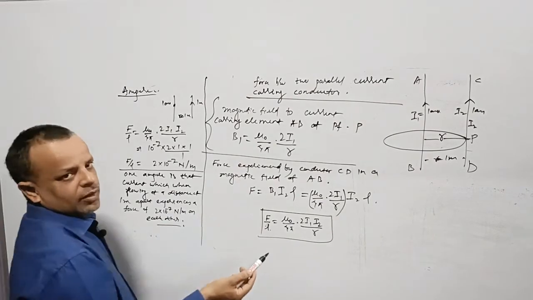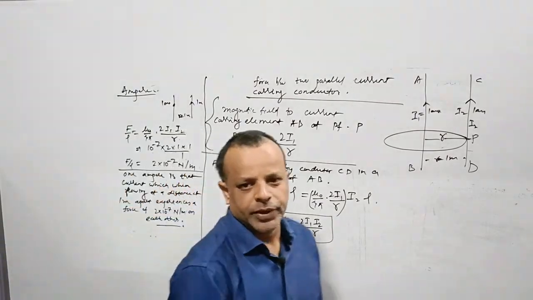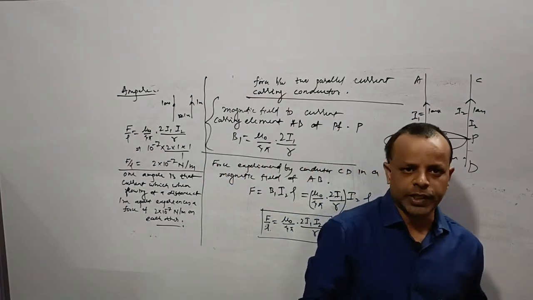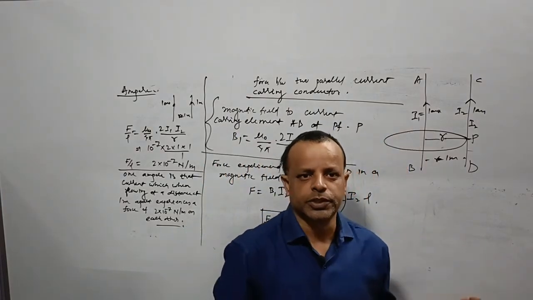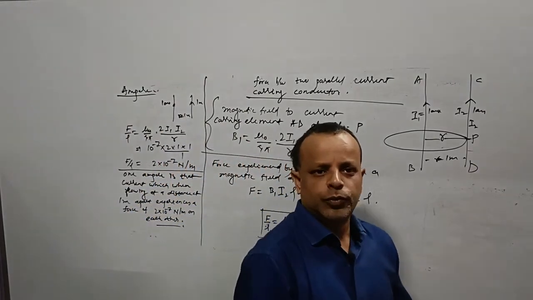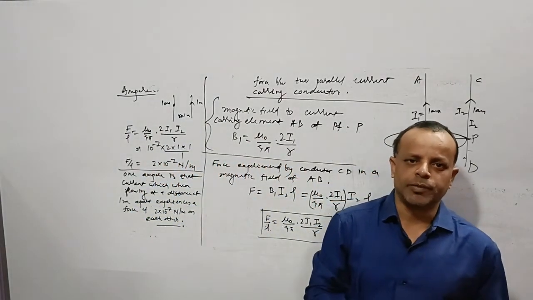So we have learned the force experienced by a charged particle placed in a magnetic field, that is force equal to Q into V cross B. Then we studied the force acting on a current carrying conductor placed in a magnetic field.